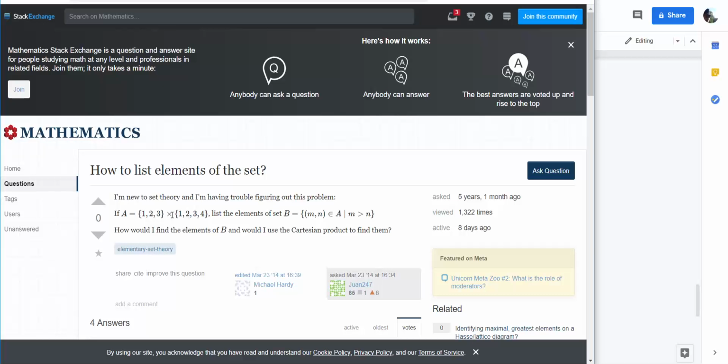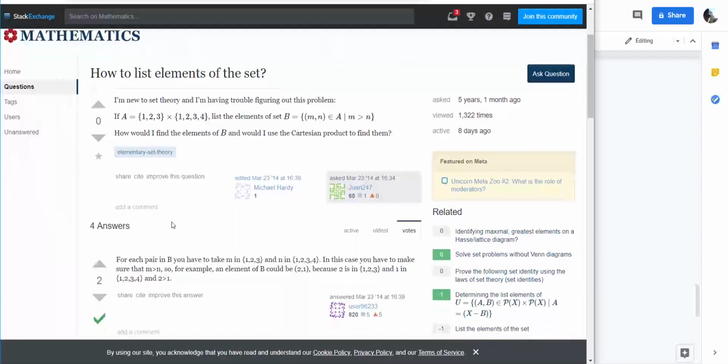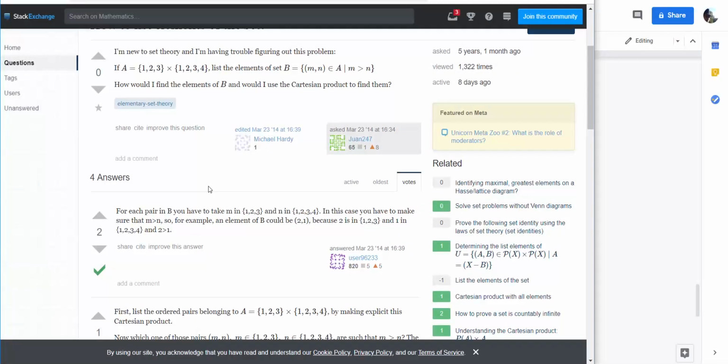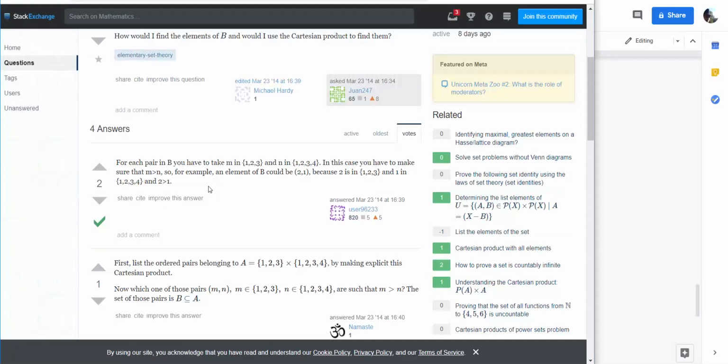So this is the Cartesian product of set A, where m belongs to A and n belongs to B. So in this case, you will have 1 with 1, 2, 1 with 3, 1 with 4, and so on. For each pair in B, you have to take m in 1, 2, 3 and n in 1, 2, 3, 4, 5. Nope, this is not what we're looking for.